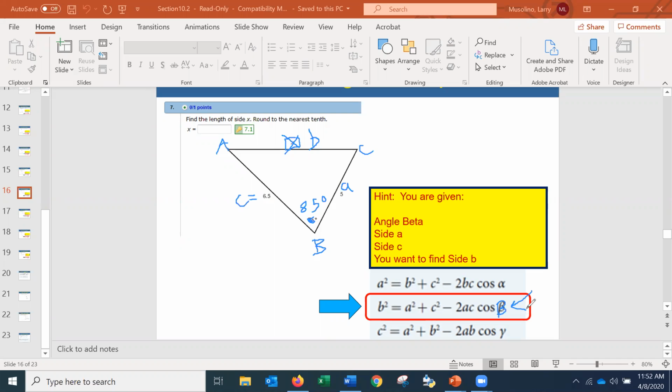Then we'll do 5 squared plus 6.5 squared, not minus 2. I got the answer of 61.58487672.